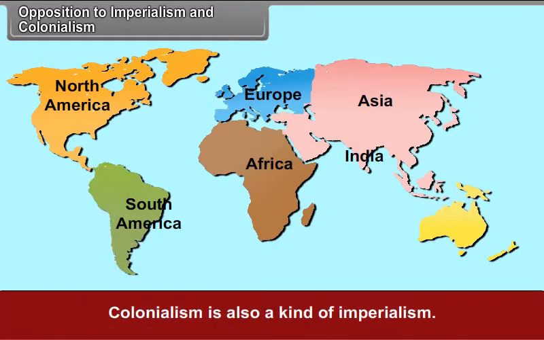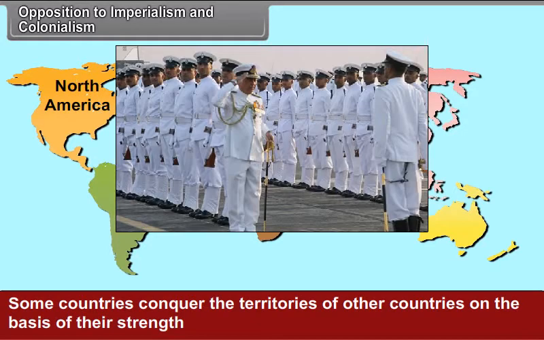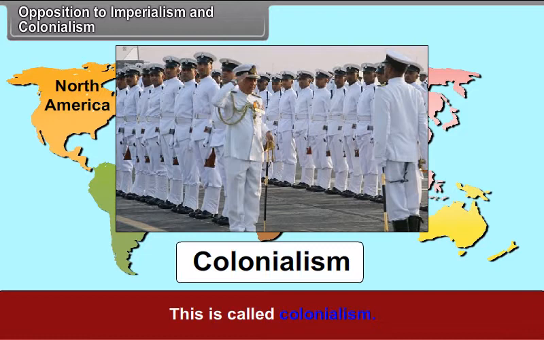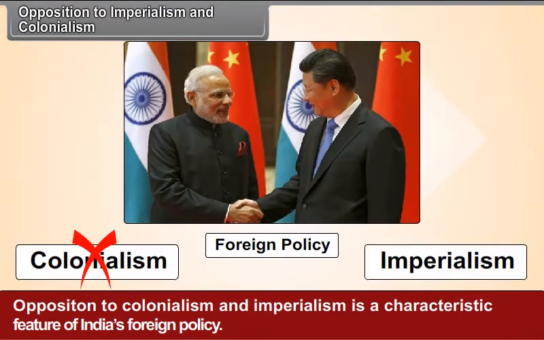Colonialism is also a kind of imperialism. Some countries conquer the territories of other countries on the basis of their strength and establish their dominance over that region. This is called colonialism. Opposition to colonialism and imperialism is a characteristic feature of India's foreign policy.